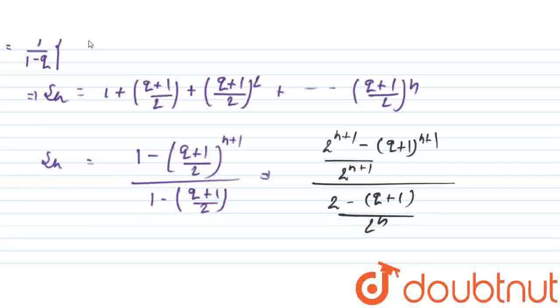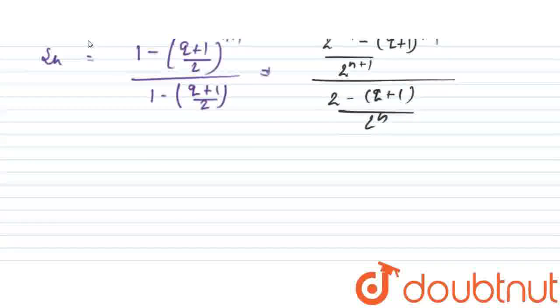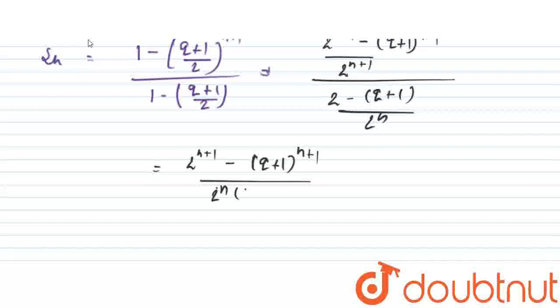Okay, now this 2 to the power n and 2 to the power n will get cancelled out, and from here you will get 2 to the power n plus 1 minus (q plus 1) to the power n plus 1, divided by 2 to the power n and 1 minus q, because 2 minus (q plus 1) will become 1 minus q. This is our second equation.